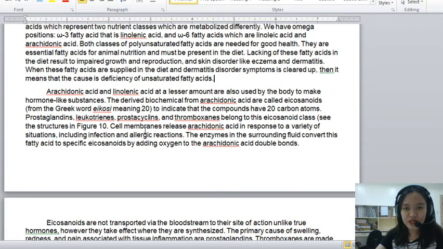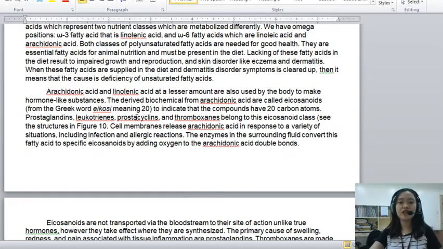So cell membranes, prostaglandins, leukotrienes, prostacyclins, and thromboxanes belong to this eicosanoid class. So when you say eicosanoids, these are actually signaling molecules that are formed from the oxidation of your arachidonic acid.